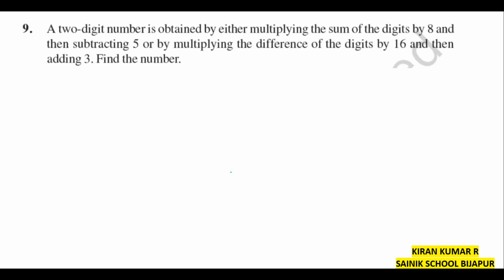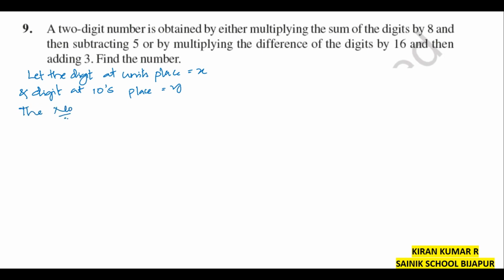If you consider the digit at units place, let the digit at units place be x and digit at tens place be y, the two-digit number will be 10y plus x.